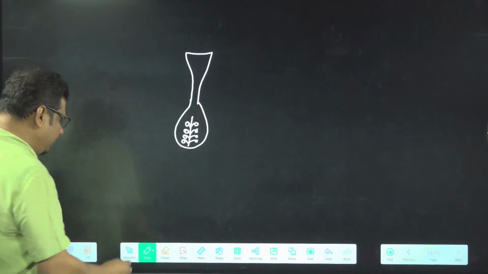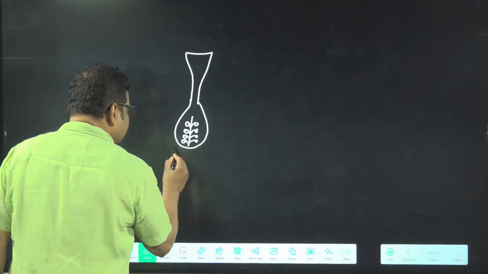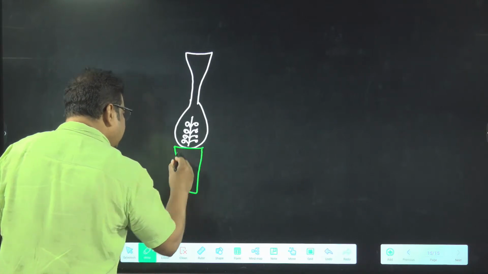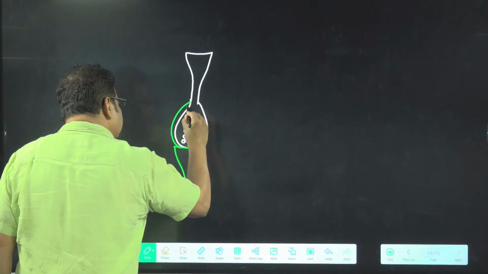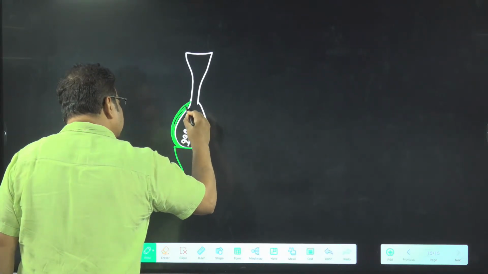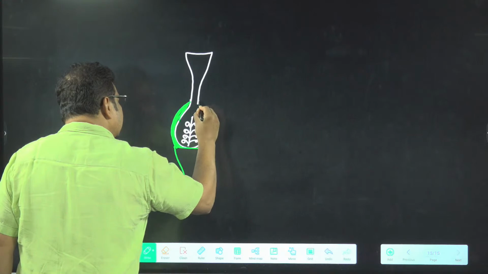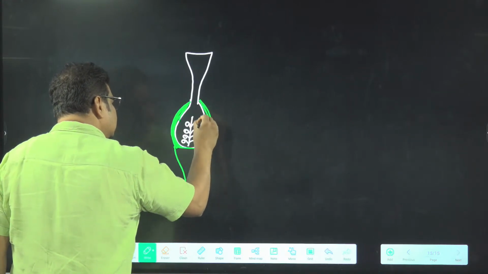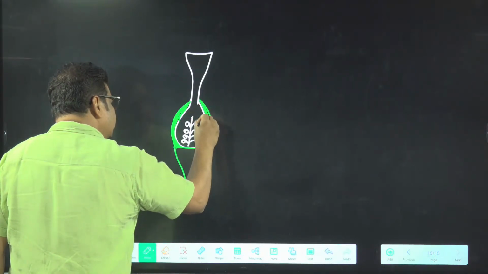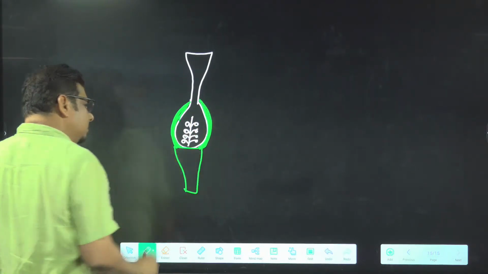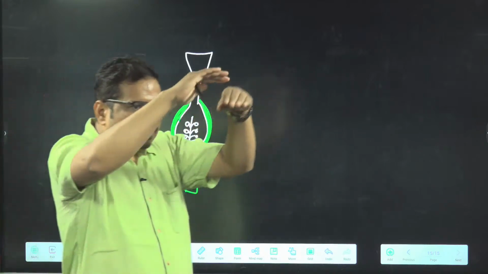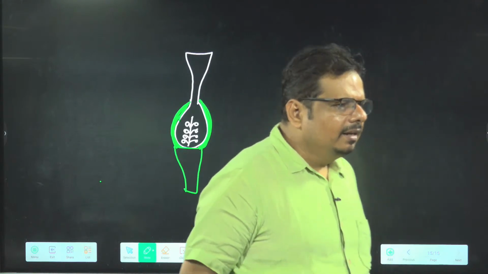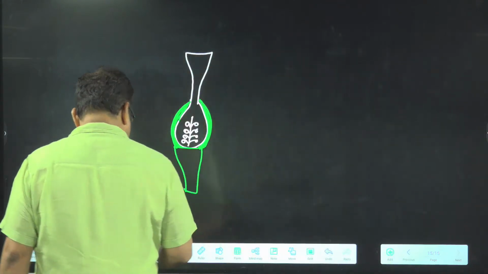And here it is the thalamus. What is special in the thalamus? The margin of the thalamus covers the ovary wall. So the ovary is covered by the margin of the thalamus. Able to understand or not? Getting the idea? And the remaining floral whorls arise like this.